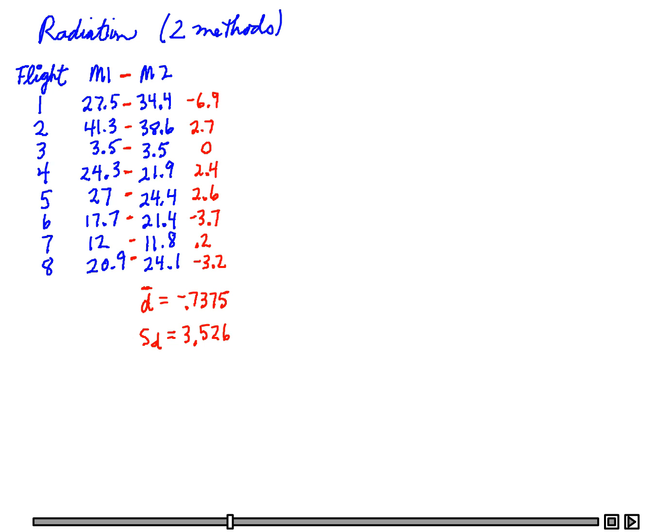Now I'm going to run a test on these differences, and I'm going to define mu sub d as the population average difference between the two methods.